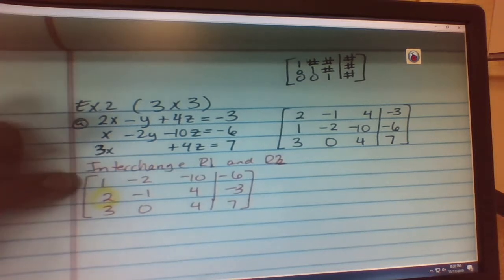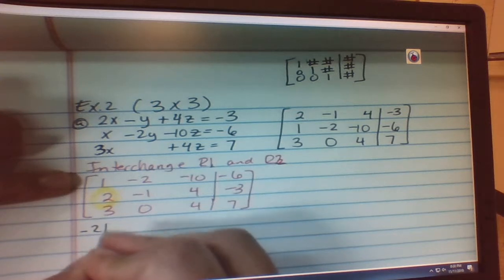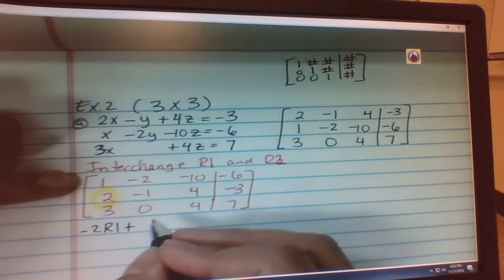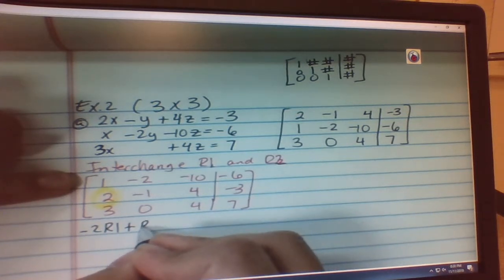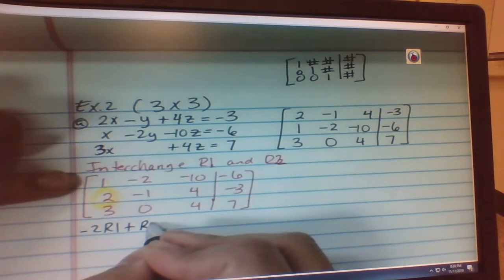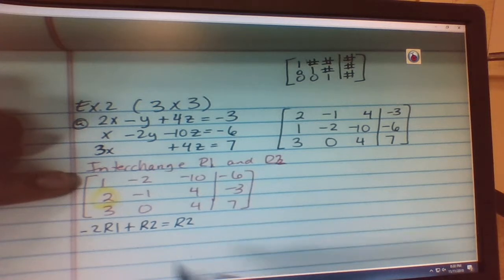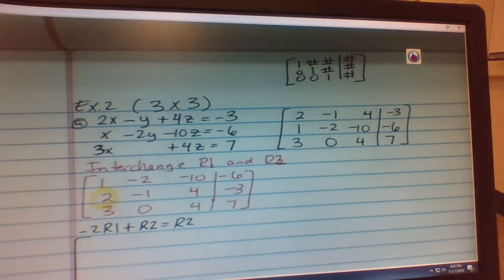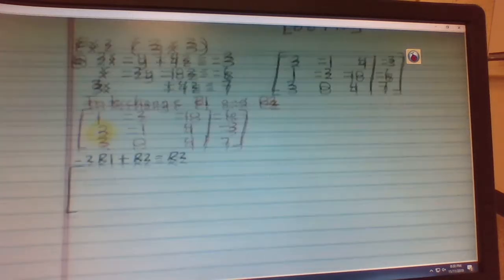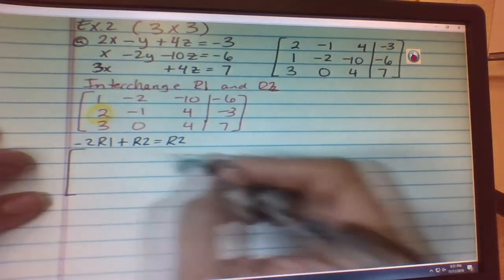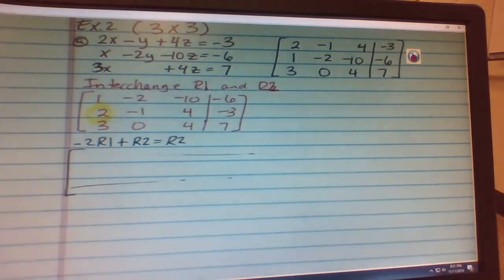What are we going to multiply row 1 by? -2. -2 times row 1 plus row 2 equals my new row 2. So who's the only row that's changing? Row 2. So I'm not going to write anything on top or in the bottom. I'm only doing my work in the middle.